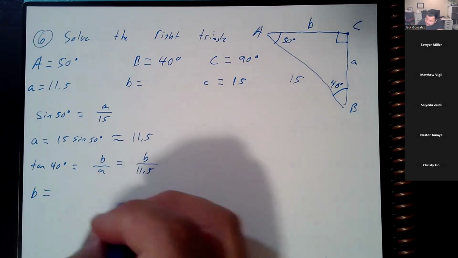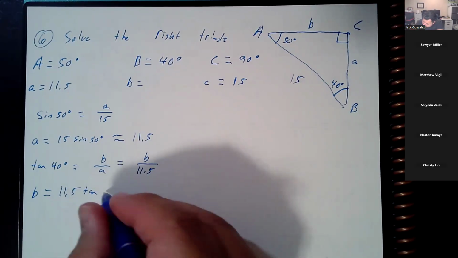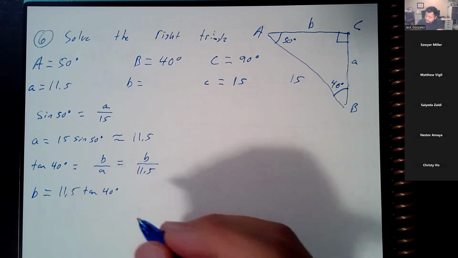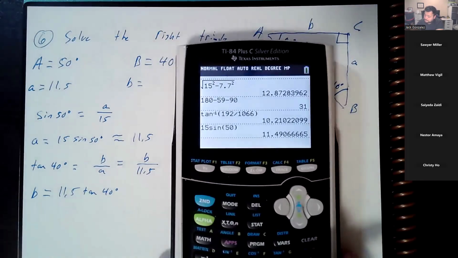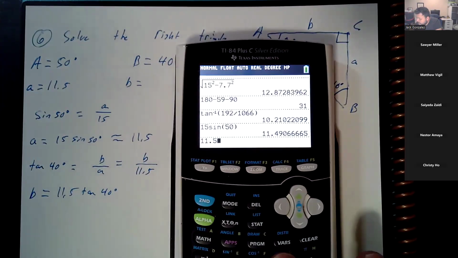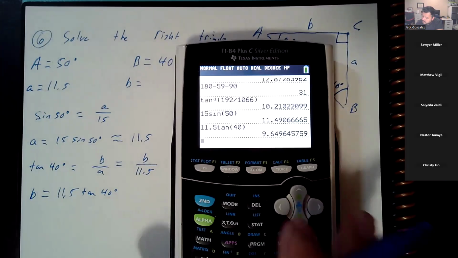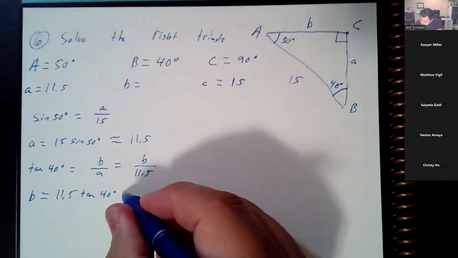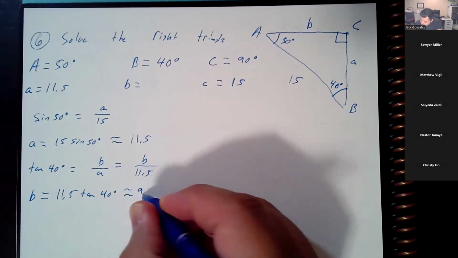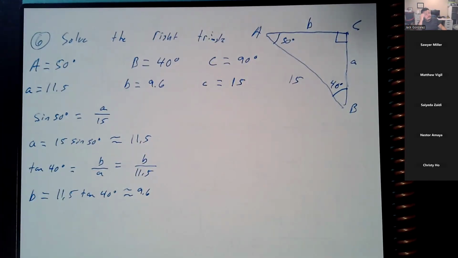Let's find out what happens. It'll be 11.5 tangent 40. What is that? 9.6. So we got all our sides and all our angles.